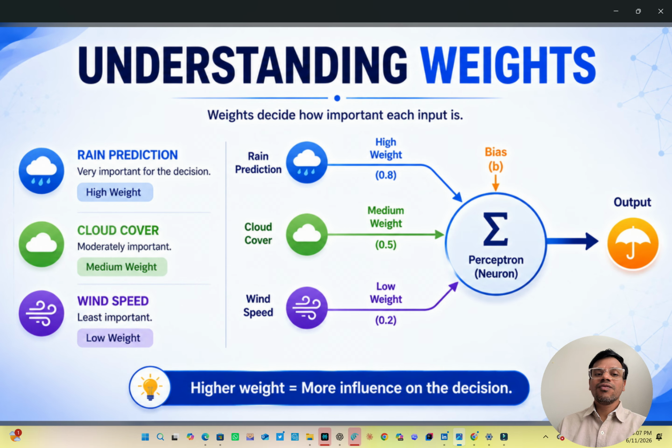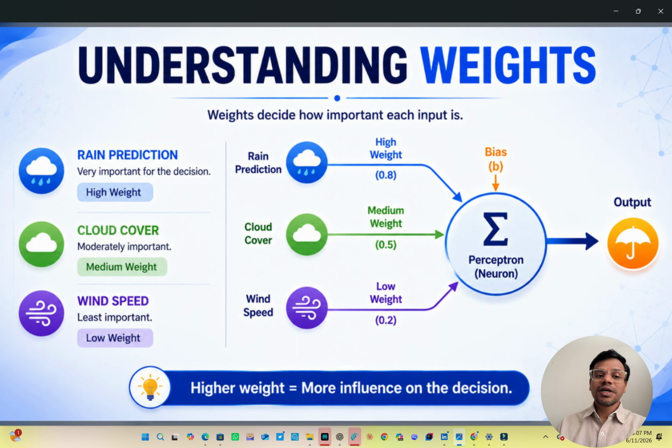Now, understanding the weights. Weights are one of the most important concepts in the machine learning process. Think of weights as importance scores, right? So let's go back to our umbrella example. Suppose you consider three factors: the rain prediction, cloud cover, and wind speed. Which one matters most? Probably the rain prediction. If the weather app says there is a 90% chance of rain, then that's a strong indicator, right?